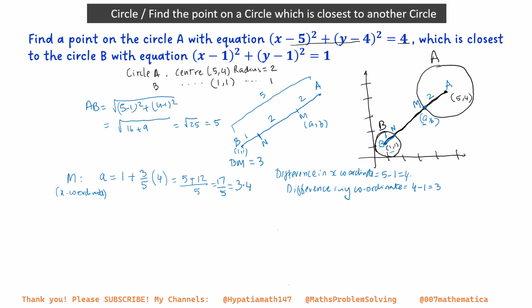And the y coordinate for M, we start with the y coordinate of B, which is 1, plus once again 3/5 times the difference, that is 3, so that would be 1 plus 9 out of 5, and that is 14 out of 5, and that is 2.8.